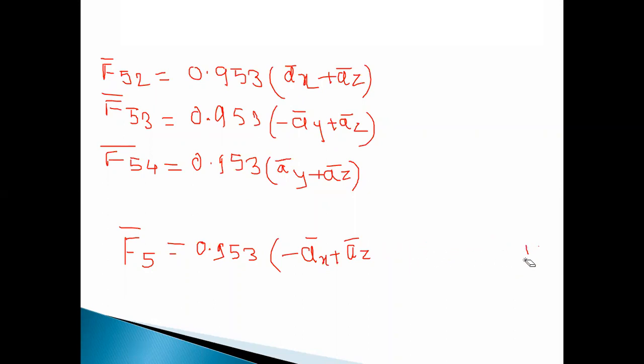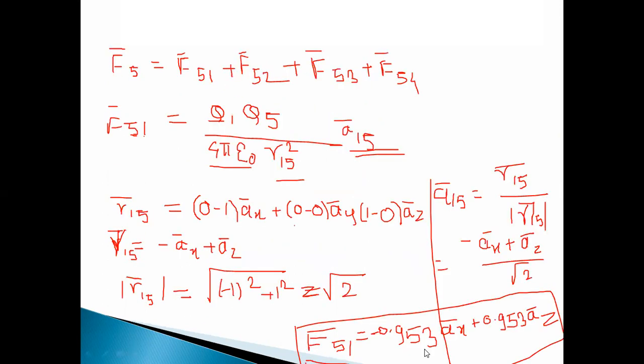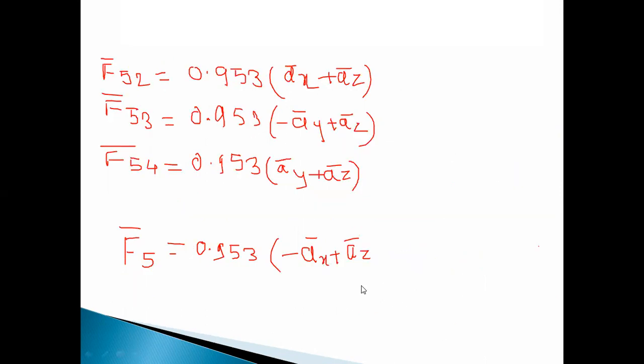Okay, this is F bar 51. F bar 51 is a bar x plus a bar z. Minus a bar x plus a bar z. Then F bar 52 is plus a bar x plus a bar x plus a bar z.